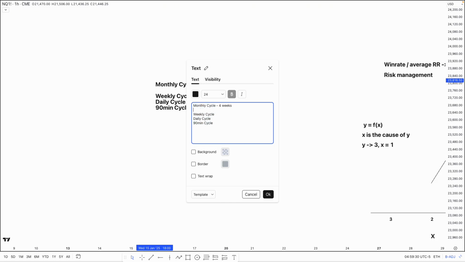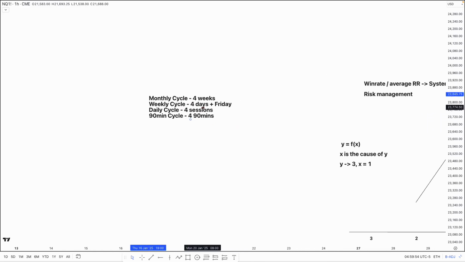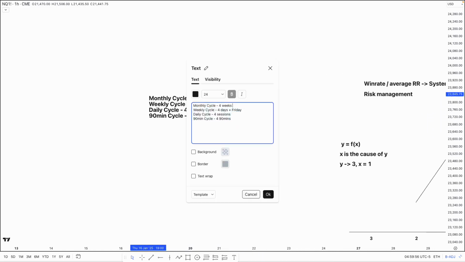Weekly cycle is made up of 4 days plus Friday. The daily cycle is made up of 4 sessions. And the 90-minute cycle is made up of 4 90-minute quarters. Hopefully that makes sense.